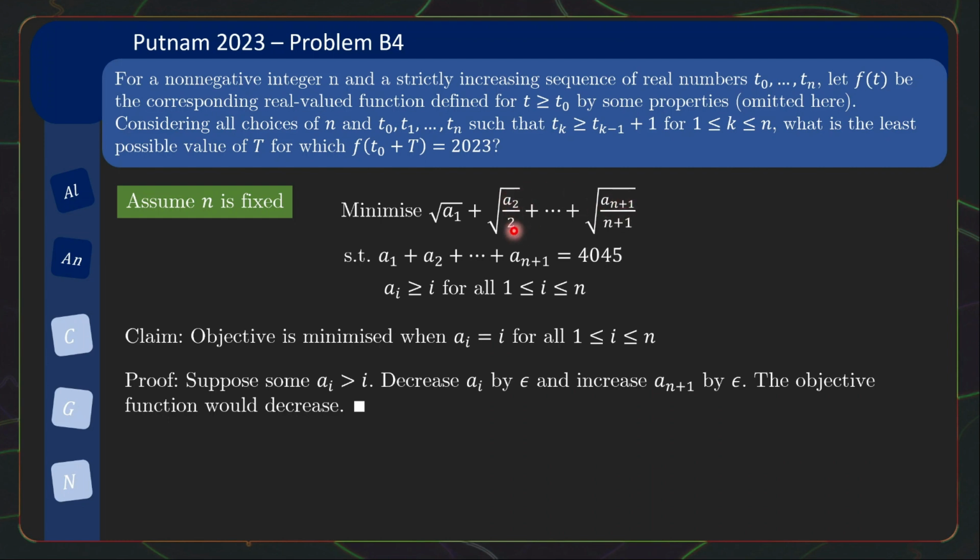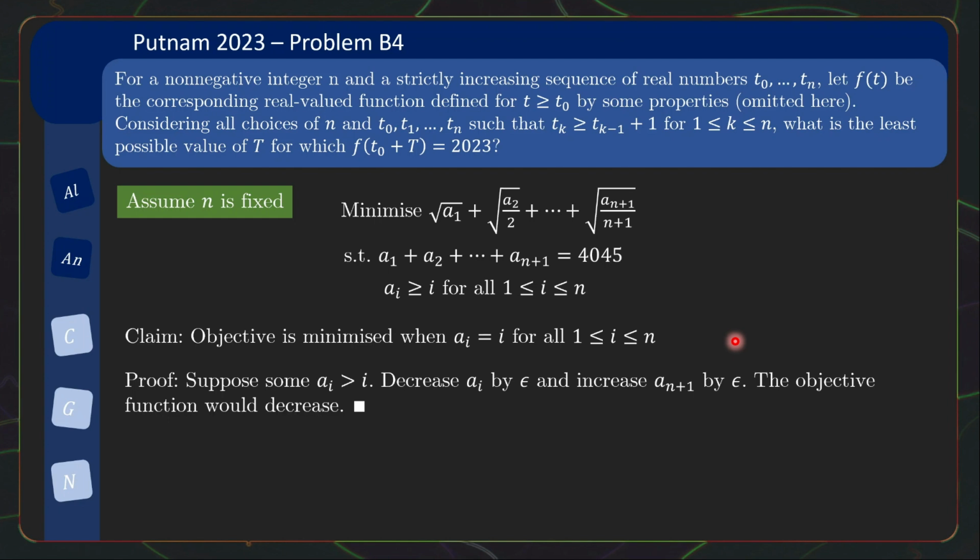This part is divided by 2, whereas this part is divided by n plus 1. So what I decrease here will outweigh what I've increased here, so the objective function will decrease. So that proves the claim. Although technically there's a very technical point about showing that the minimum will be achieved by some combination of points, but I'm just going to put that aside for now.